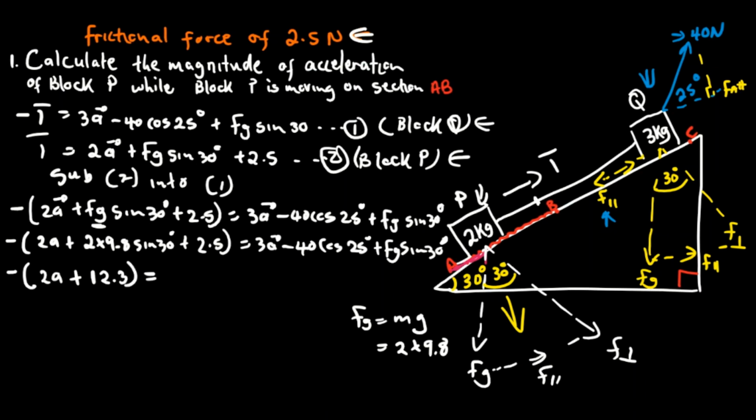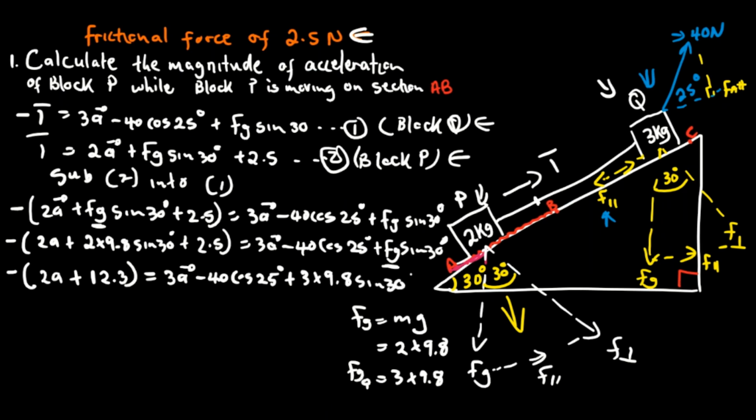It's going to equal 3a minus 40 cos of 25 degrees plus, for the F_g here, this one is for block Q. So F_g for block Q is equal to 3 times 9.8, so we write 3 times 9.8 sine of 30 degrees. Now we'll add this portion with this one.